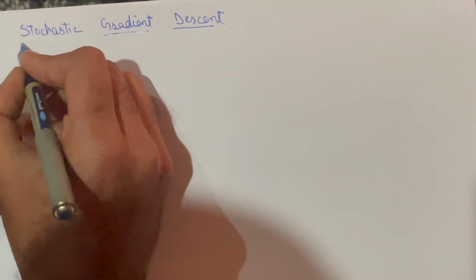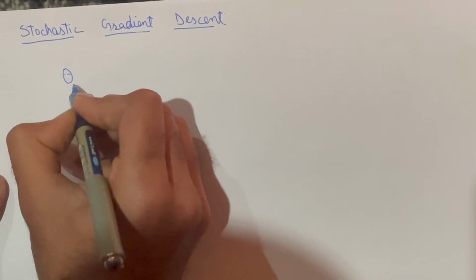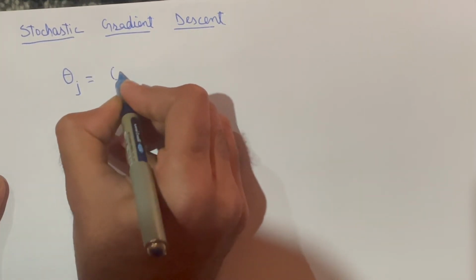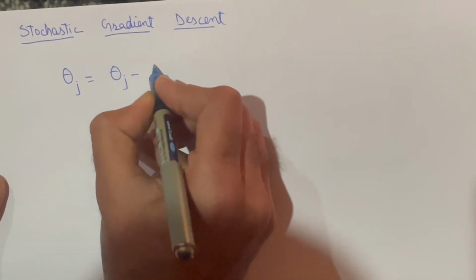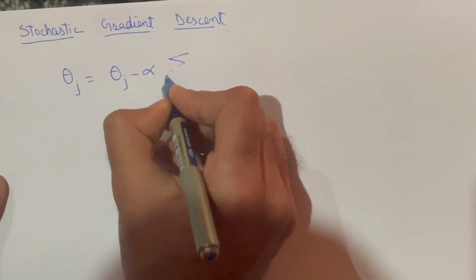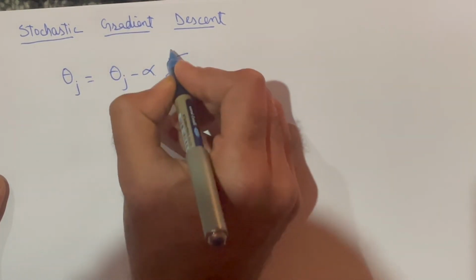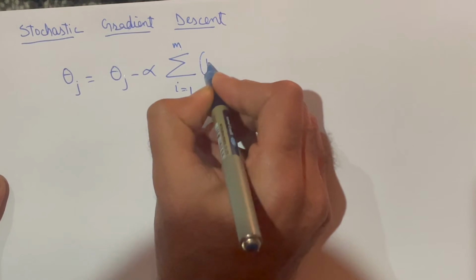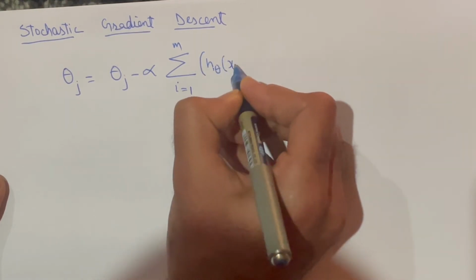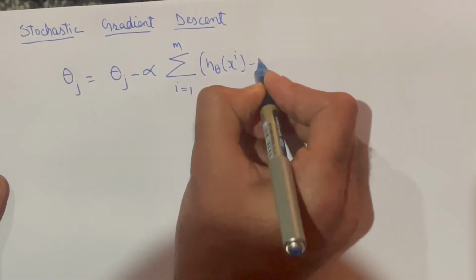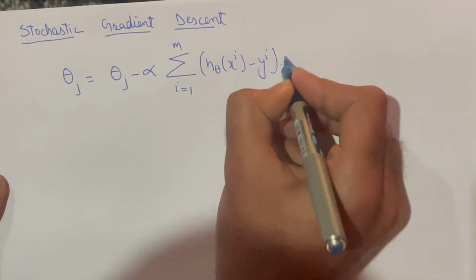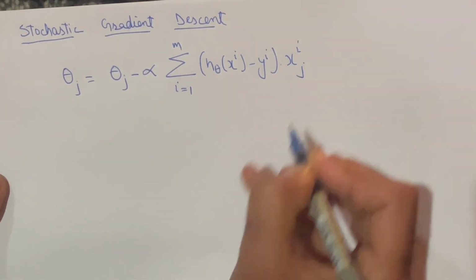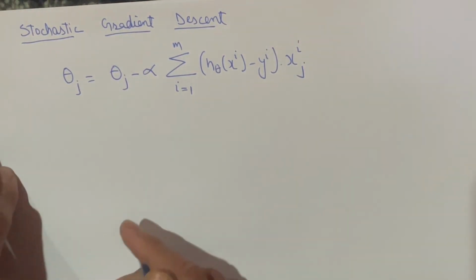Our update rule was like this: theta j is equal to theta j minus alpha times summation i running from 1 to m, h of theta x i minus y i, into x i j. So this was our update rule in batch gradient descent.